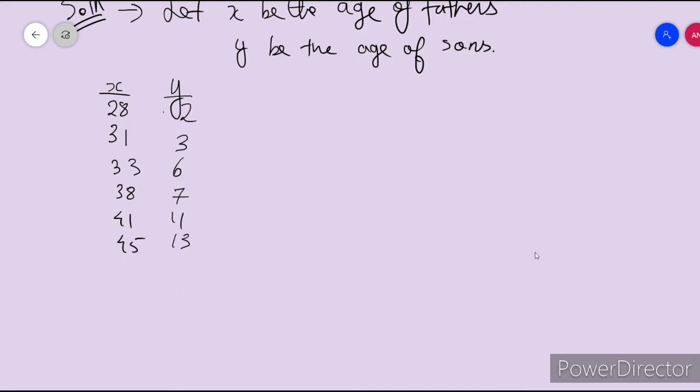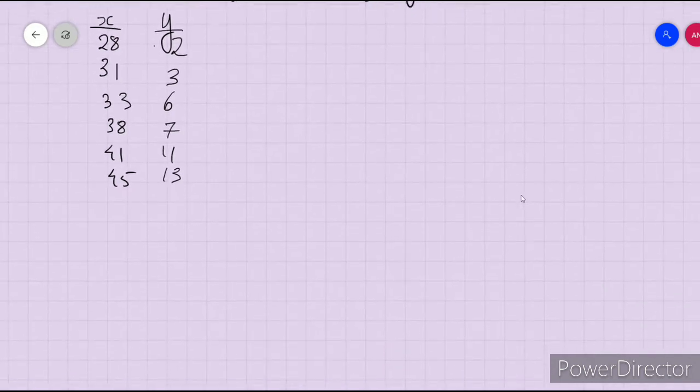So that we don't miss out any value, it is always a good thing to write the formulas on the right hand side so that you don't forget them. It becomes easier for you to know which values you need to find out.